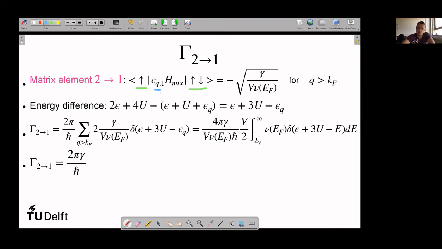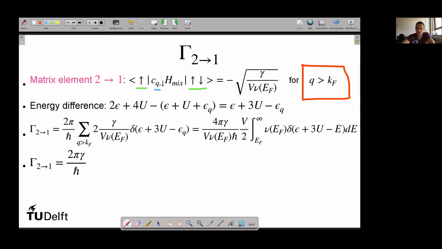And this momentum q must be bigger than kF, because all the states are filled up until the Fermi level. Now here I only give you the answer for the matrix element. I don't show how to evaluate this.